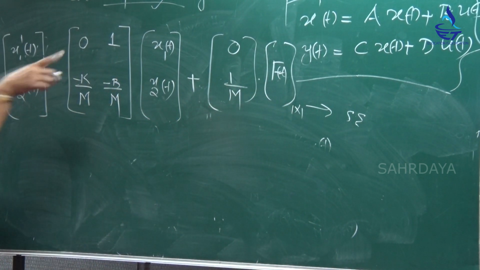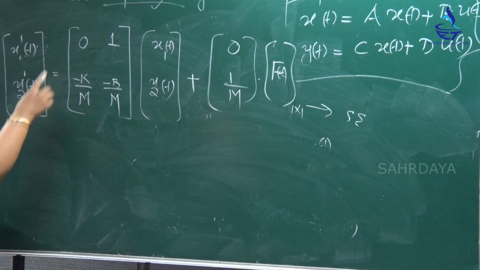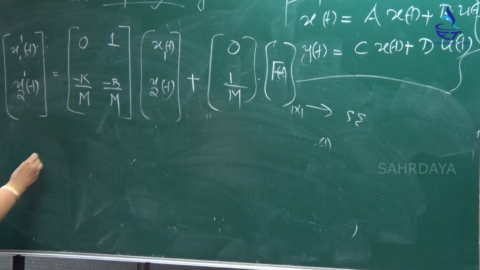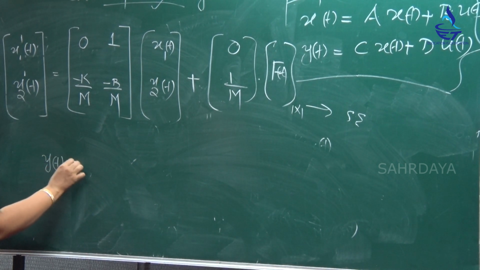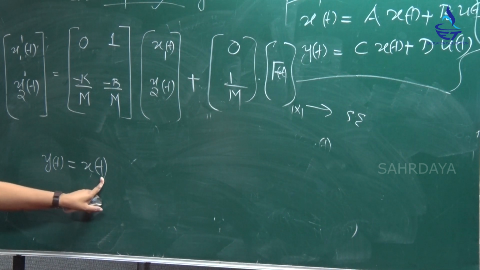Now the second equation is y of t is equal to C x of t plus D u of t. Now in our mechanical system we identified y of t is nothing but the position x of t. And what was x of t?